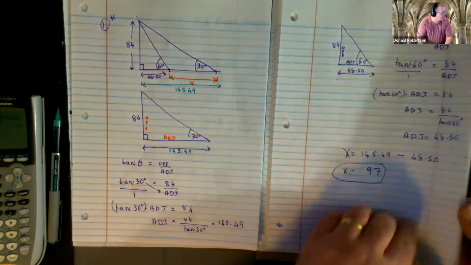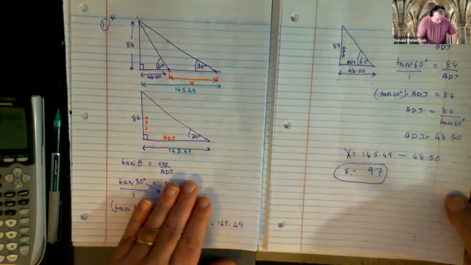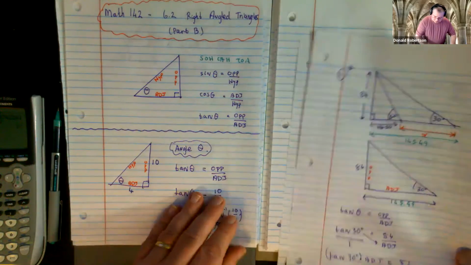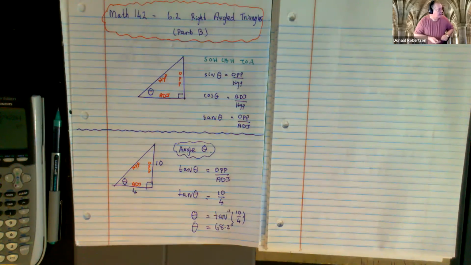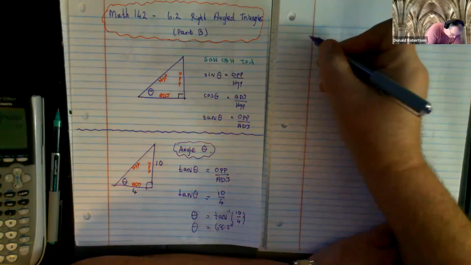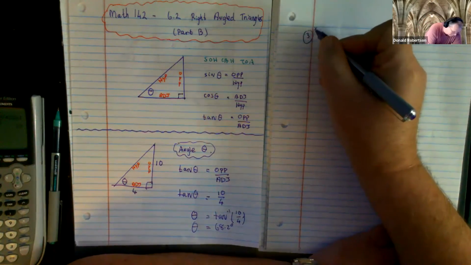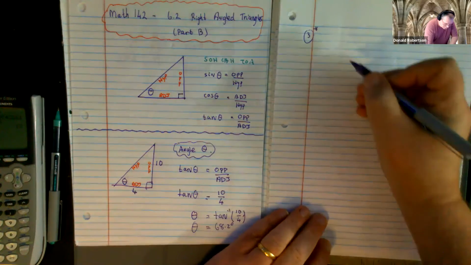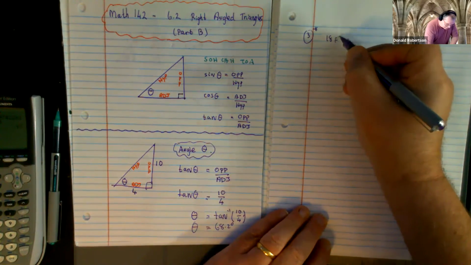So let's do a puzzle one. A puzzle one where it's written in the terms of a written story. So this is a version of question 3. You have an 18-foot ladder.